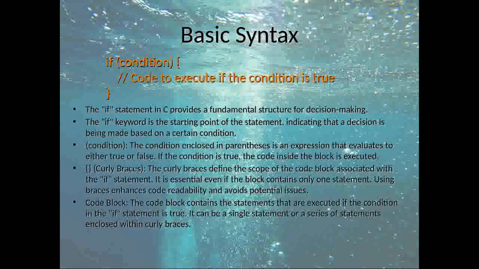And if the condition is true, the code is executed, and the code is contained in the curly braces, and the scope of the variables and things are all inside of these curly braces. So they are essential even if you only have one statement inside the curly braces. So the code block is the statements that are within these curly braces. So that's the basic syntax of it, and it's relatively straightforward.